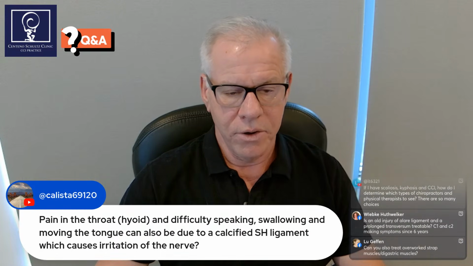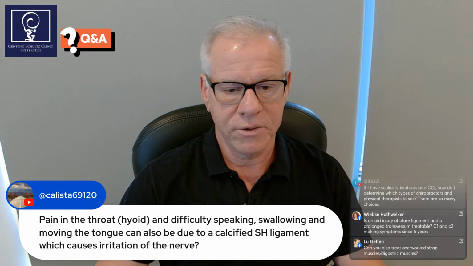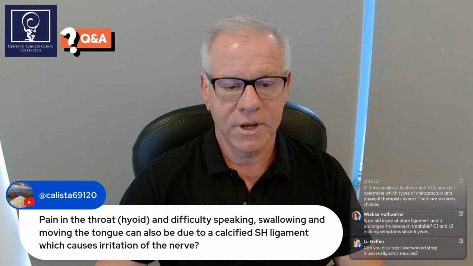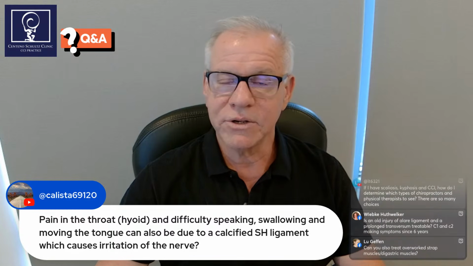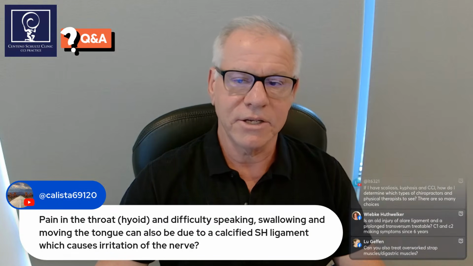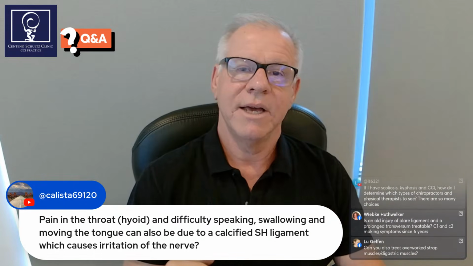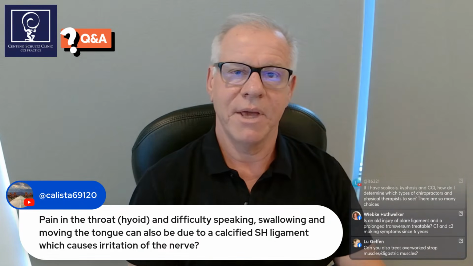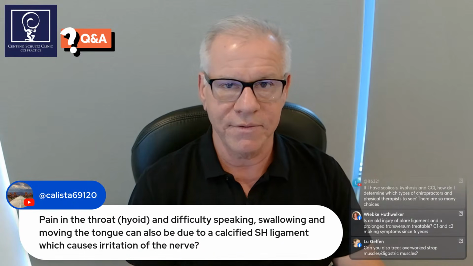Pain in the throat, hyoid, and difficulty speaking, swallowing, and moving the tongue can also be due to a calcified stylohyoid ligament, which causes irritation of the nerve. It can, but it's usually not just that. So it's calcified ligament plus something else. It's not just calcified ligament, because 96% of the patients with calcified ligaments do not have symptoms.